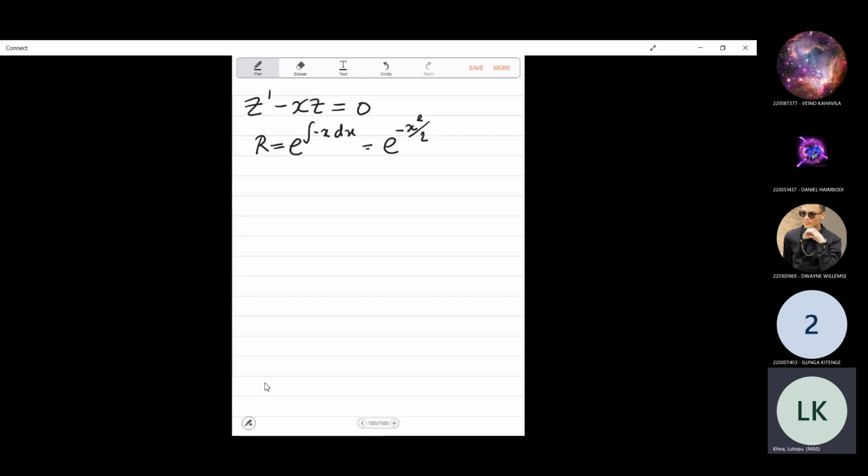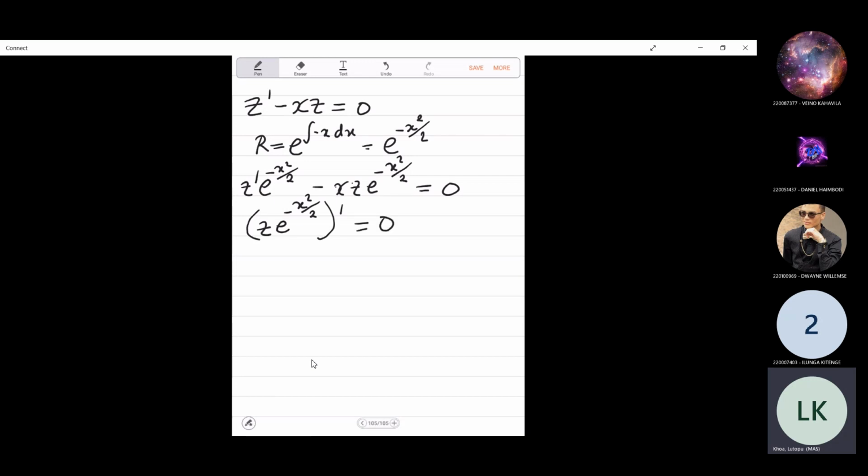We have z prime e to the power of minus x squared over 2, then minus x z e to the power of minus x squared over 2, and this is equal to 0. And then the left hand side, we can write that as z multiplied by e to the power of minus x squared over 2 prime, and this is equal to 0.